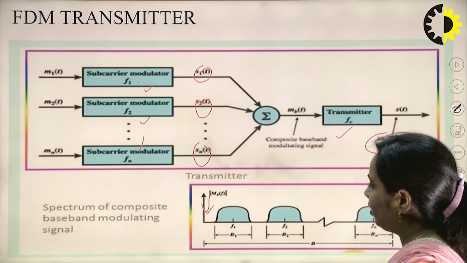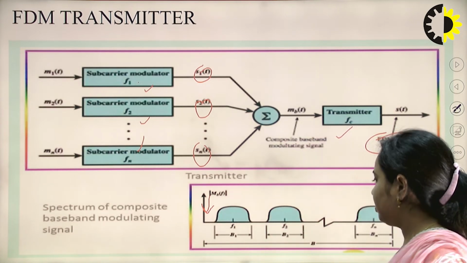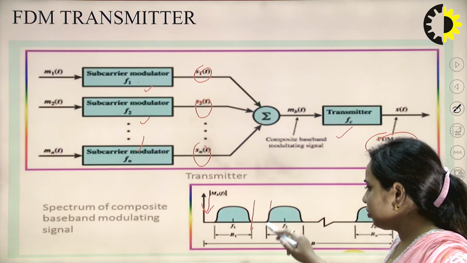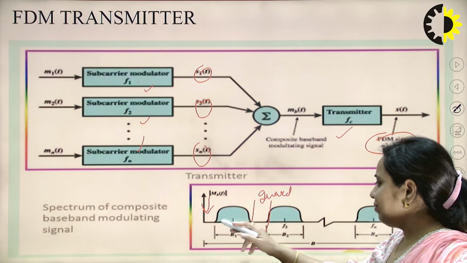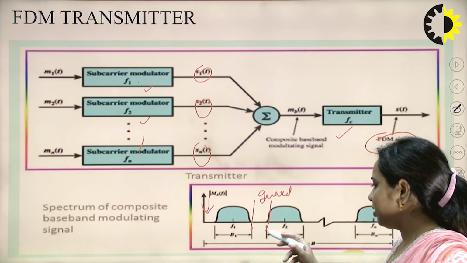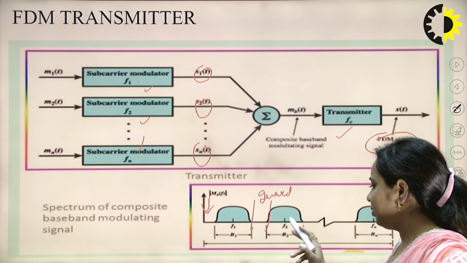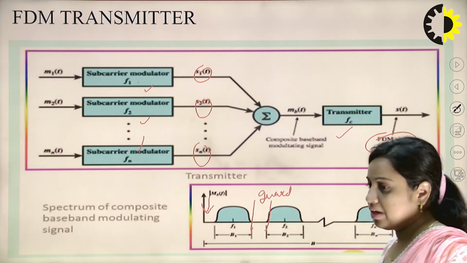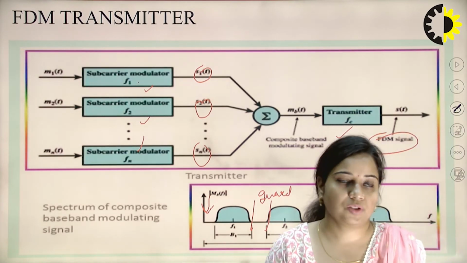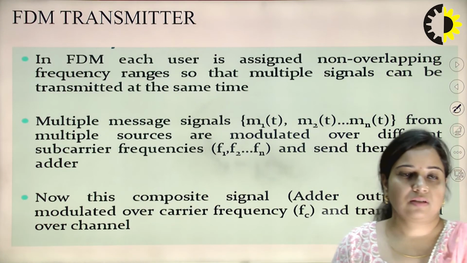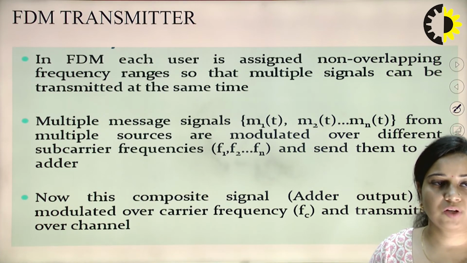So in the spectrum of the composite signal, as you can see, this is known as guard band, which has been inserted so that whatever dispersion of the pulse is taking place, it will not coincide with the consecutive user, which would cause loss of information. Now next is a description of the FDM transmitter.